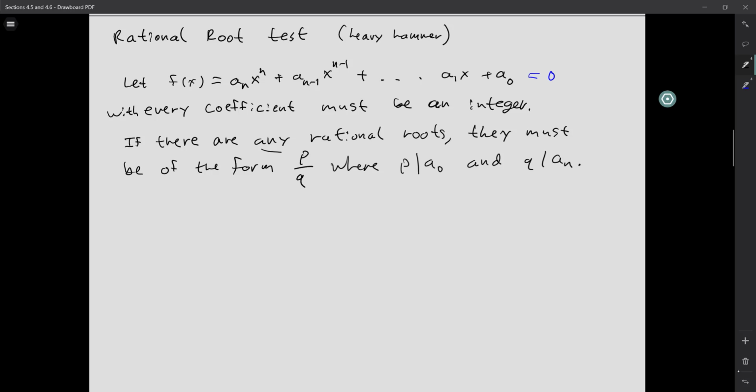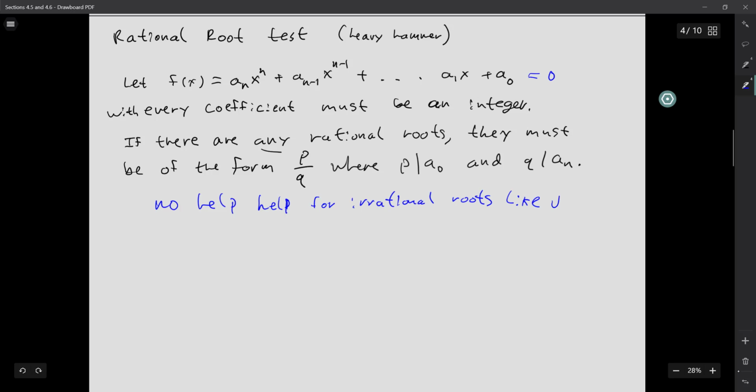But if I have any irrational roots, let's say this, it's no help for irrational roots. Like square root of 3, for example.